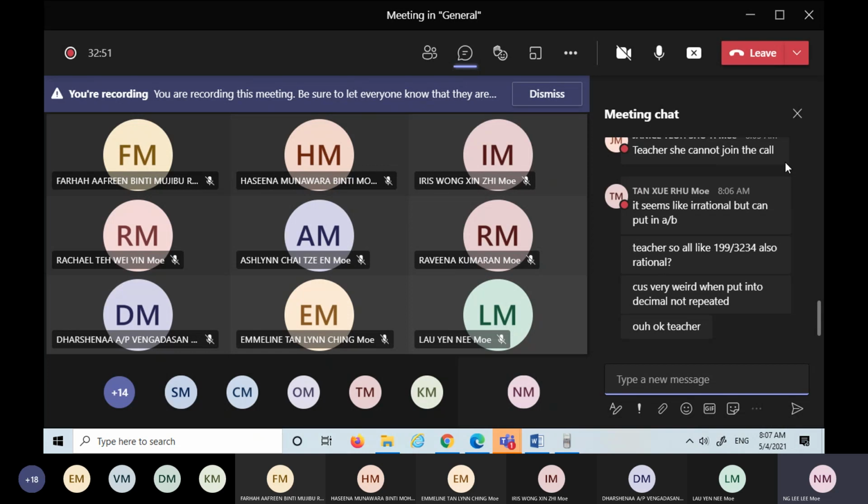If the number given is in decimal, then only we see whether it is repeated or non-repeated decimal. Then only from there we conclude whether it is rational or irrational. If the number itself appears as a fraction, A over B, A and B both integers, then we don't care already. That one is rational. Okay, so we continue.